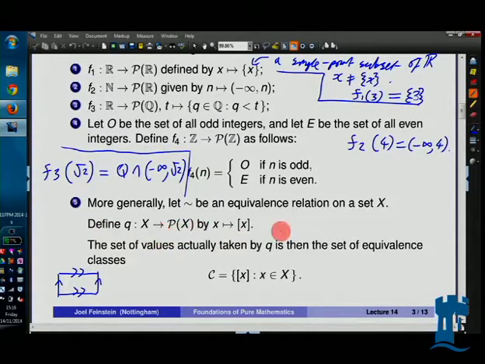And here is the quotient map. So what does it do? You take an equivalence relation on X, and Q, for quotient map, takes X to the set of subsets of X by each x going to its equivalence class. Now, if this was congruence modulo 10, then you'd have just 10 points.